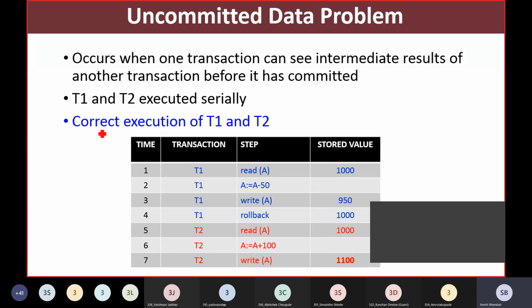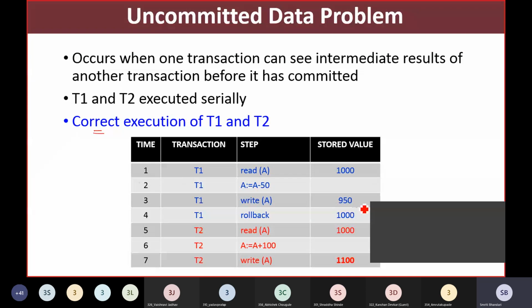See here, this is actually the correct execution of T1 and T2. So T1 has performed till this, right, A. So T1 has written the value of A after withdrawing amount 50. So T1 has written this 950 in account A.